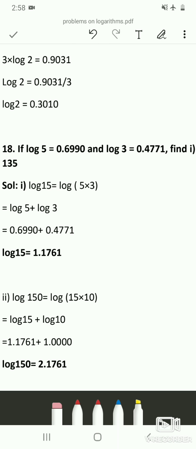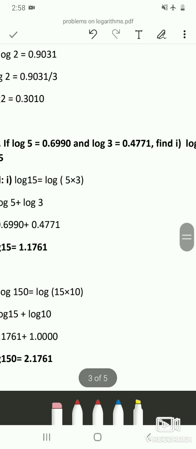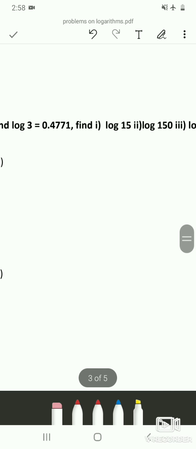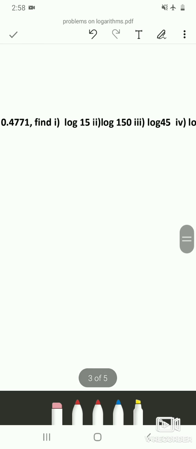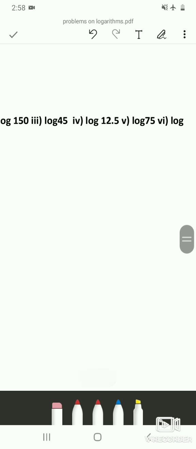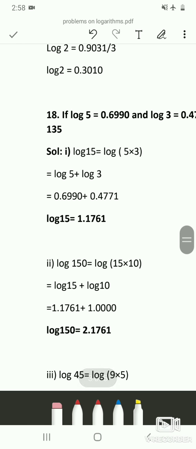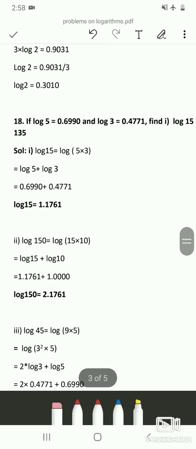So the next problem is, if log 5 is equal to 0.6990 and log 3 is equal to 0.471, then find log 15, log 150, log 45, log 12.5, log 75 and log 135.